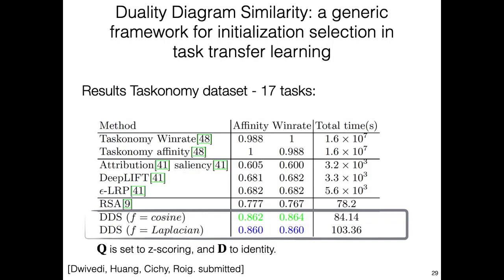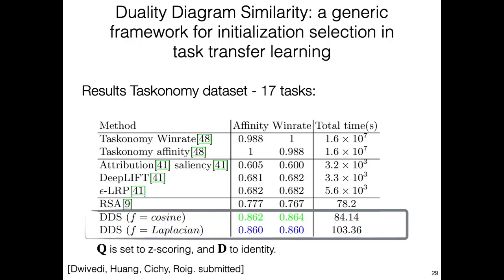And here what you see is affinity and win rate, which are two measures of how well transfer learning performance is measured. So the measure of transfer learning performance goes together in these different previous state-of-the-art RSA, and also with our particular instances in DDS with F cosine and Laplacian.